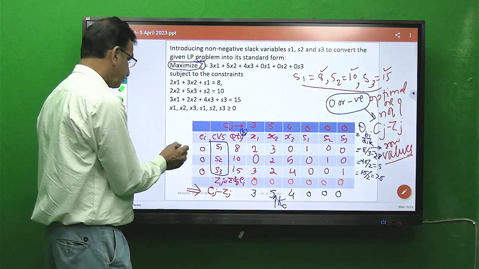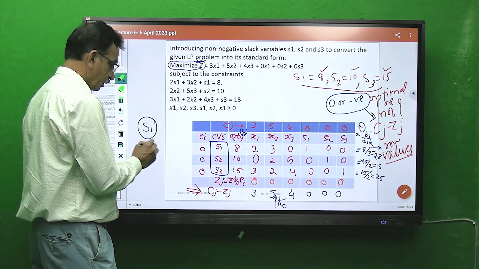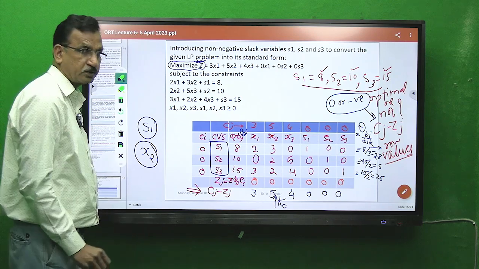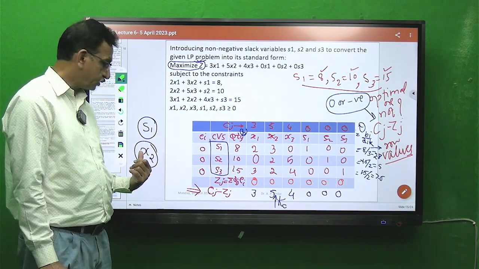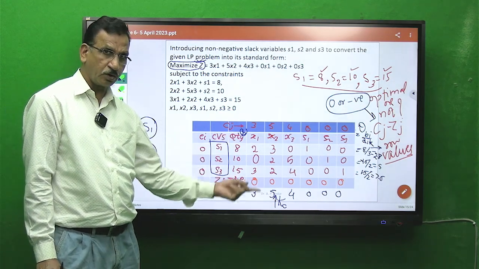So now you can see here, one variable is S1, the other variable is X2. This is very important to understand. This variable we have got through this key column.